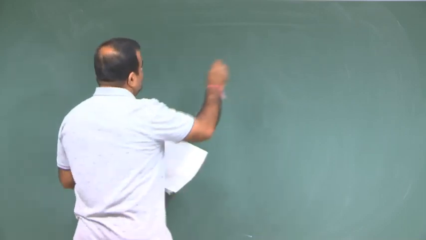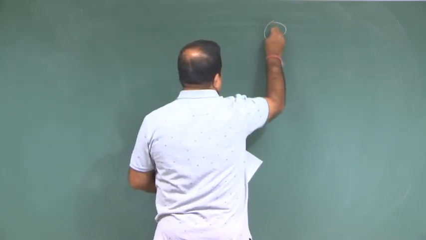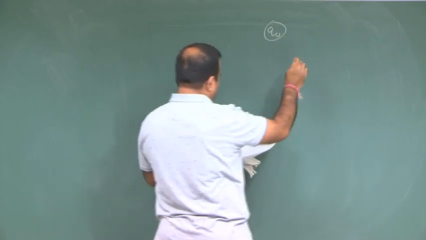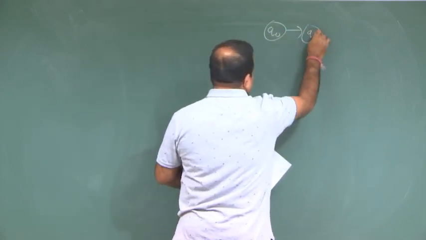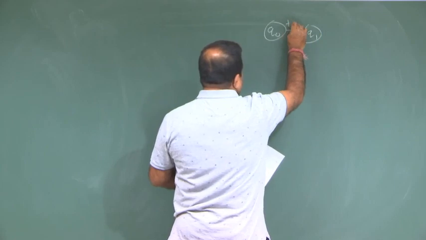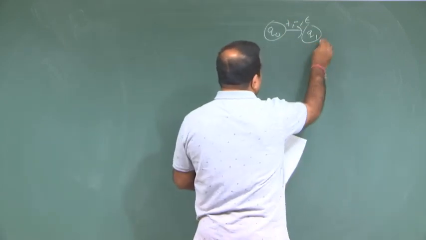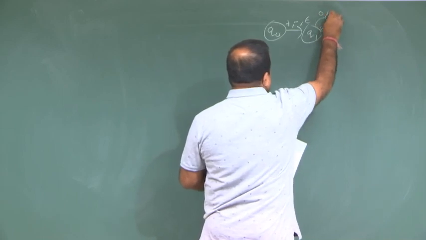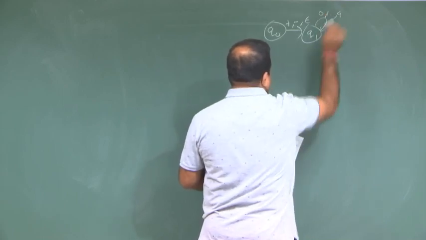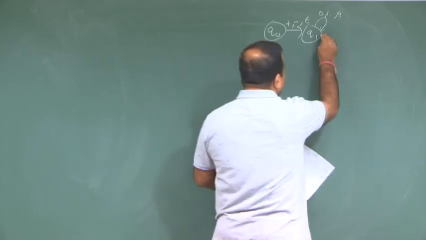Okay. So, let me just draw this picture over here. Q0, in a smaller way, q1, with plus, minus, epsilon, and then we have 0 1 up to 9.